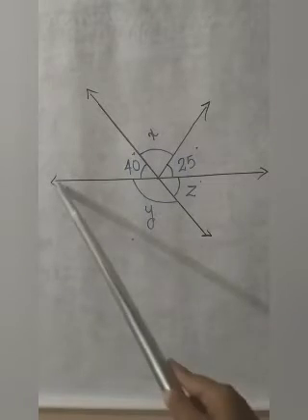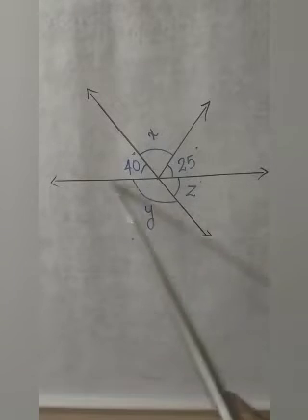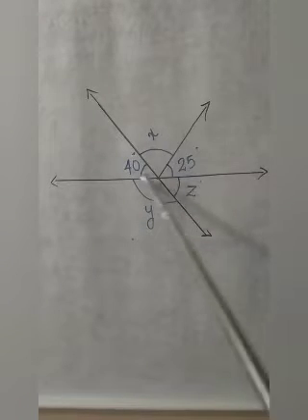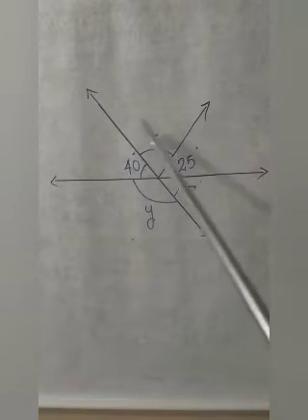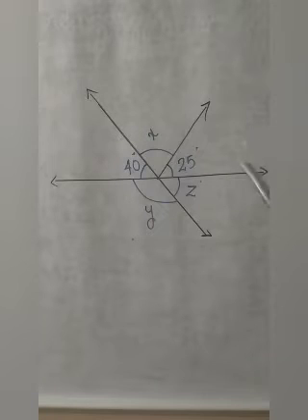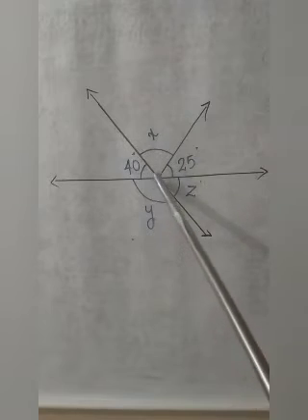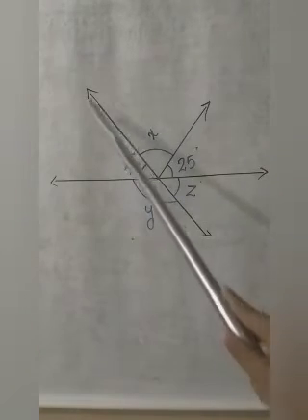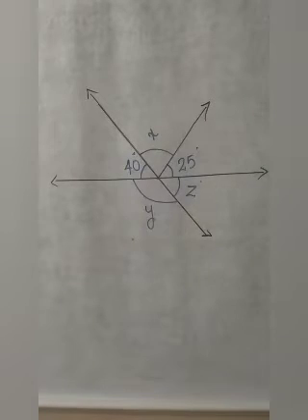First, let me consider this straight line. I said a linear pair means this straight line. So, if this is a straight line, this full measure is 180 degrees, isn't it? So, which all angles are coming in that straight line? This angle is coming, that is 40 degrees. Here one X is coming and one 25.